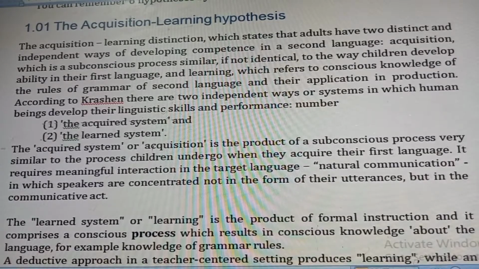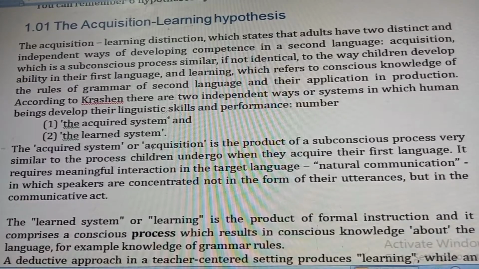According to Krashen, there are two independent ways or systems in which human beings develop their linguistic skills and performance. Number one, the acquired system, and two, the learned system.